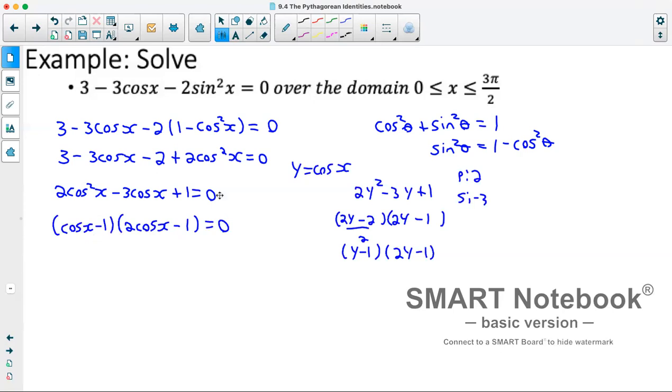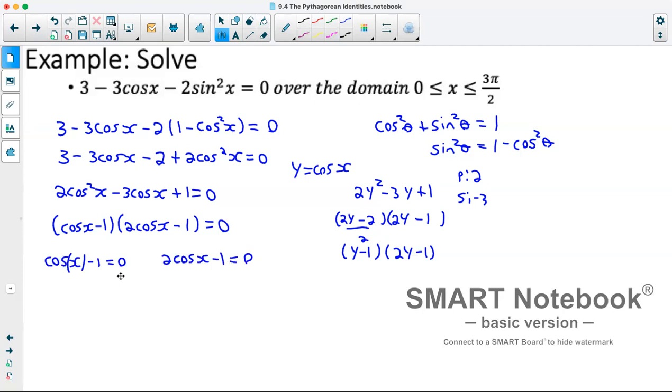Okay, so now if either of these factors equals 0, the whole thing equals 0. So we can write these as two separate equations. So we've got, sorry, cos x minus 1 equals 0, and we have 2 cos x minus 1 equals 0.